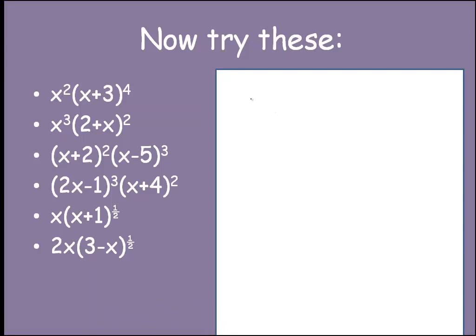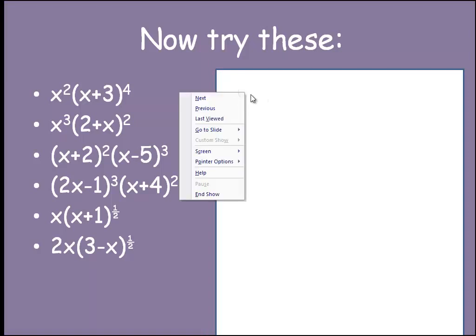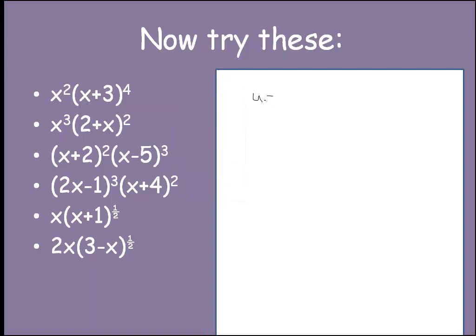Okay, I'll go through the first one just to help. So x squared times (x plus 3) to the power of 4. So we'll let u equal x squared, and we will let v equal (x plus 3) to the power of 4.